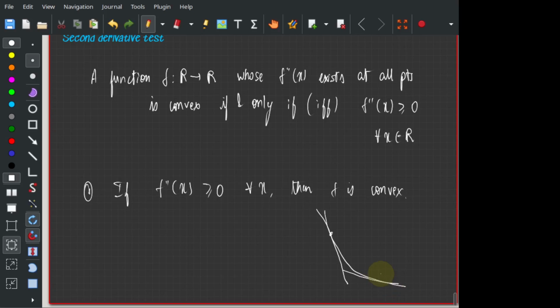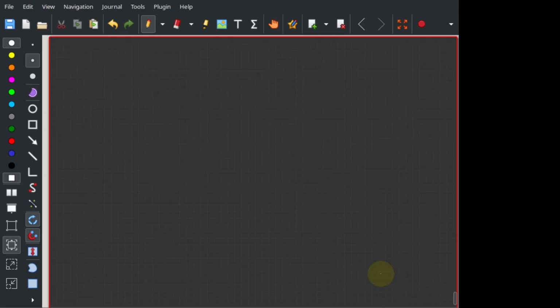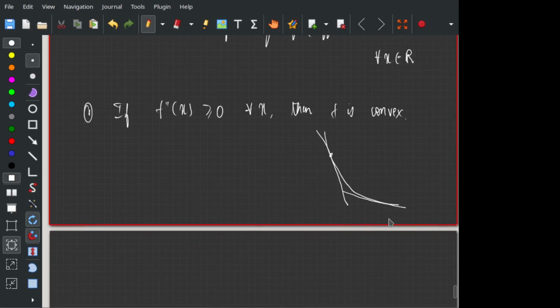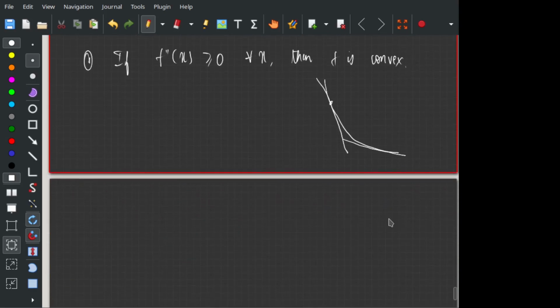Of course, the absolute value of the slope is a different story. We're just talking about the slope.